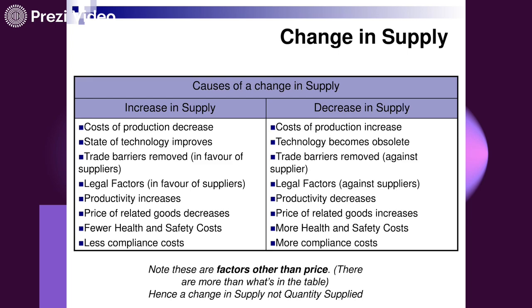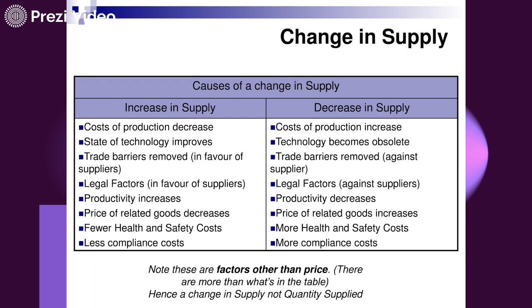Price of related good decreases. So this is a little bit of a tricky one. So I'm producing strawberries and raspberries, and let's say we're looking specifically at strawberries, and strawberries were $2 a punnet. And then we look at raspberries. Let's say they were $5 a punnet.